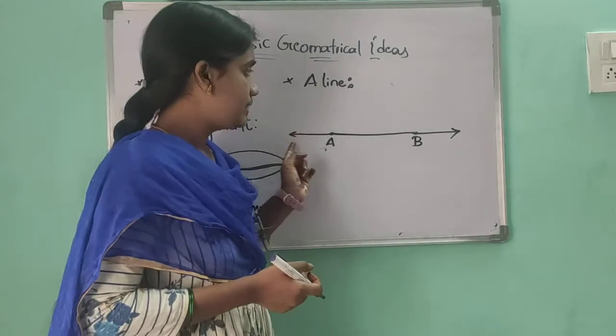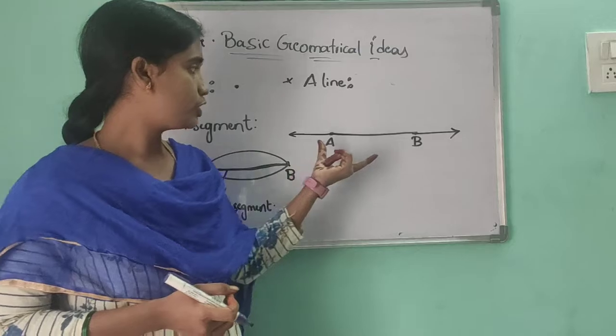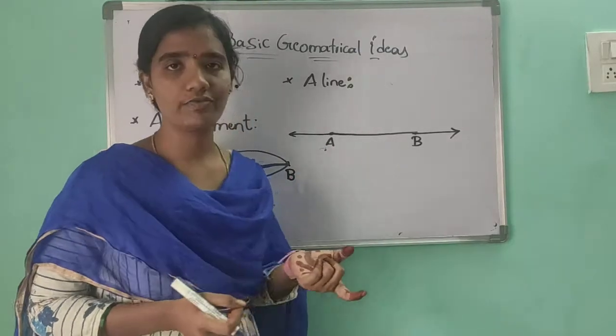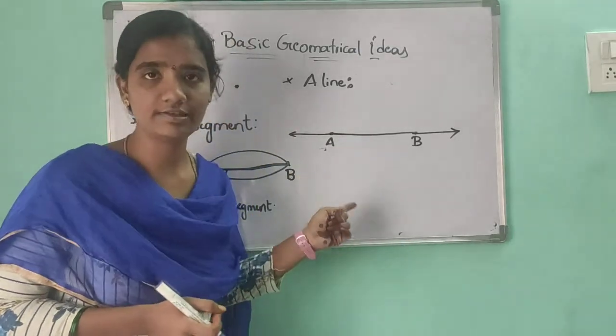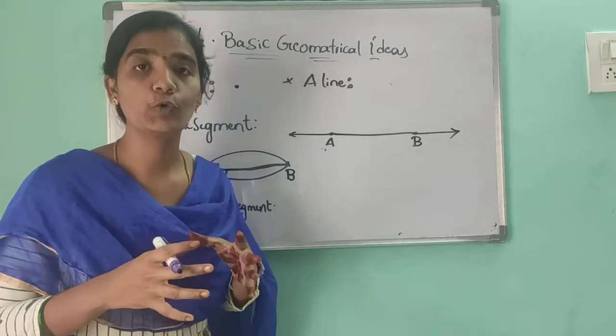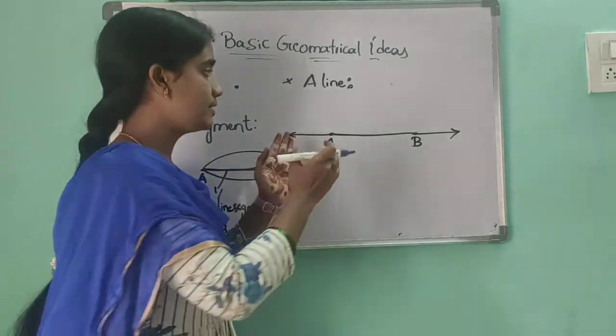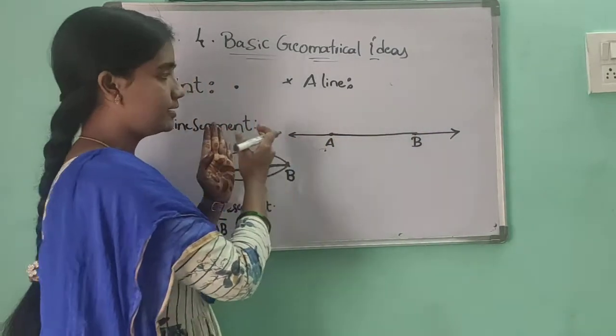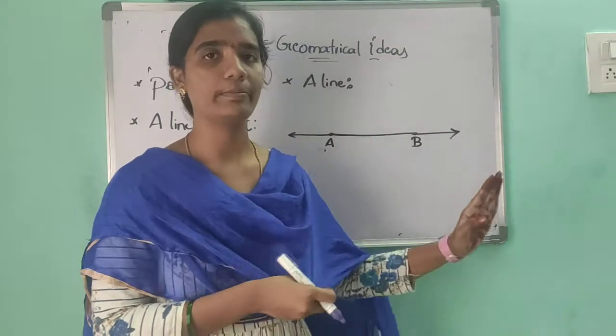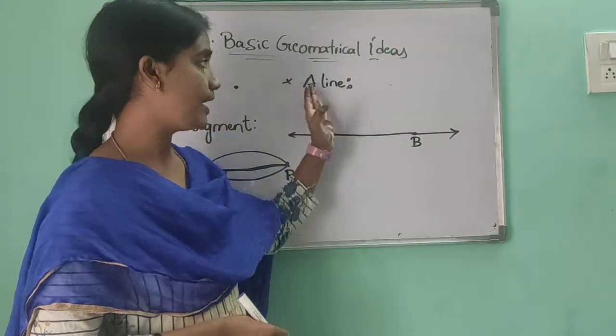Let's see. Here I am taking 2 points to connect with a line. This is the line segment, and its 2 points are the ends. But a line is extended on the A side and the B side. Both sides can be extended. This is a line.